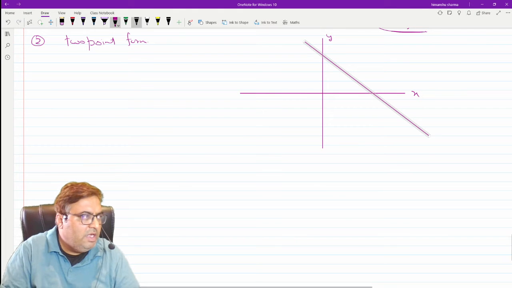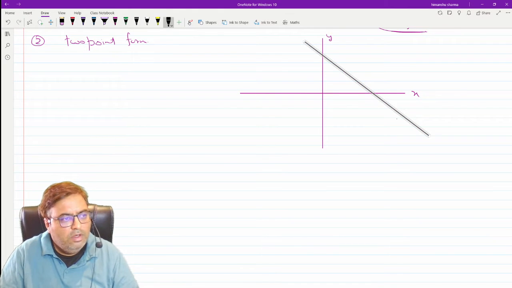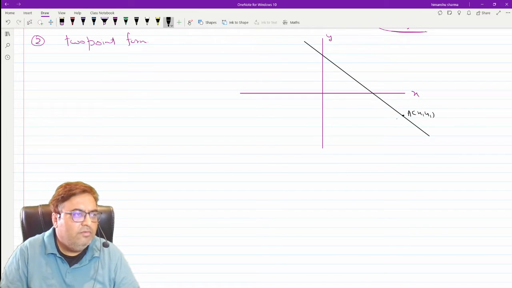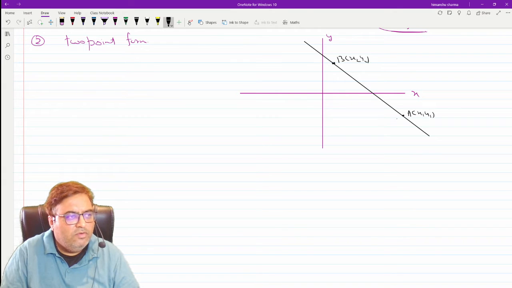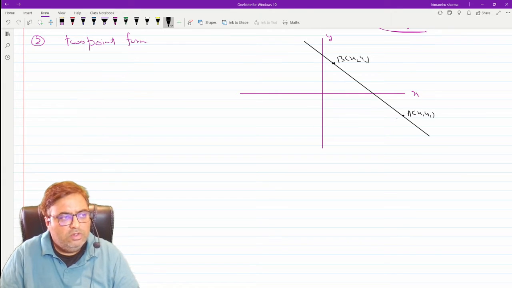Okay, this is a line. It passes through 2 points. This is the point A, x1 comma y1, and this is the point B, x2 comma y2. So there will be a fixed line passing through these 2 points. Let's take a variable point x comma y on this.